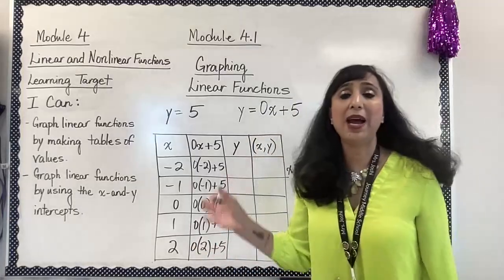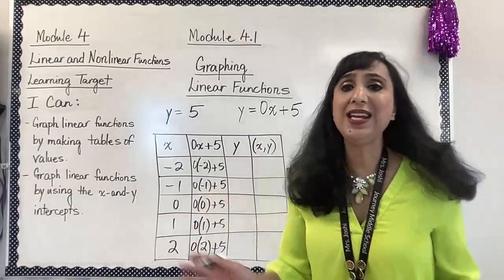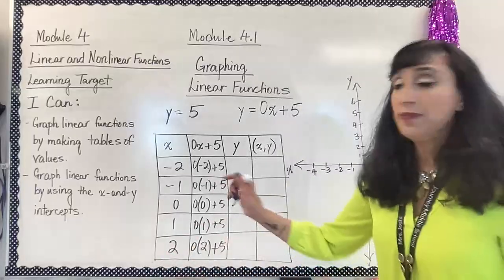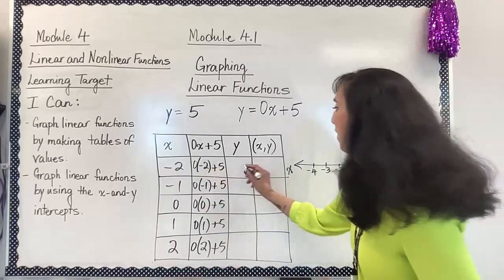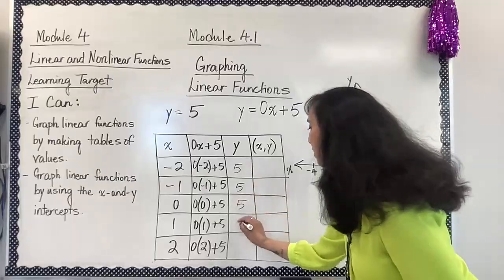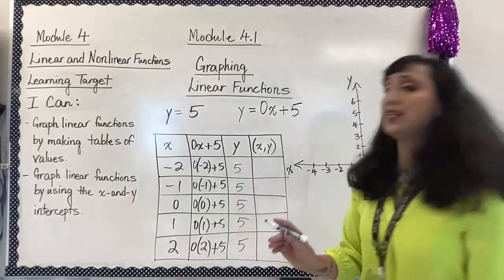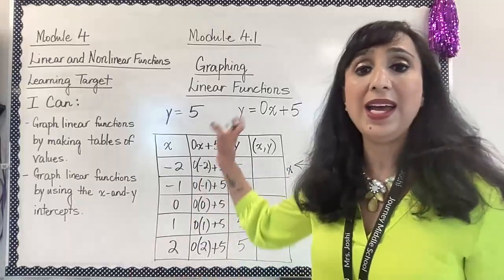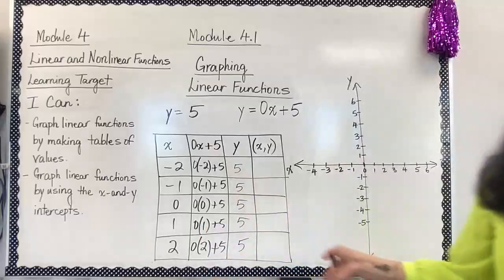So it doesn't matter. 0 times any number is going to give me 0. So 0 times negative 2, 0 plus 5 is 5. 0 times 0 plus 5, 0 plus 5. So it doesn't matter what the value of x is, y is constantly going to be 5.